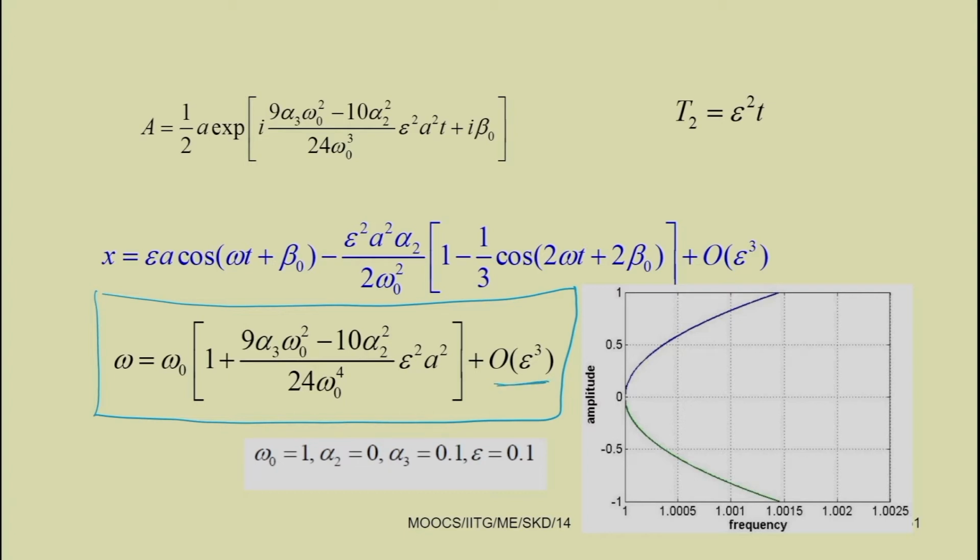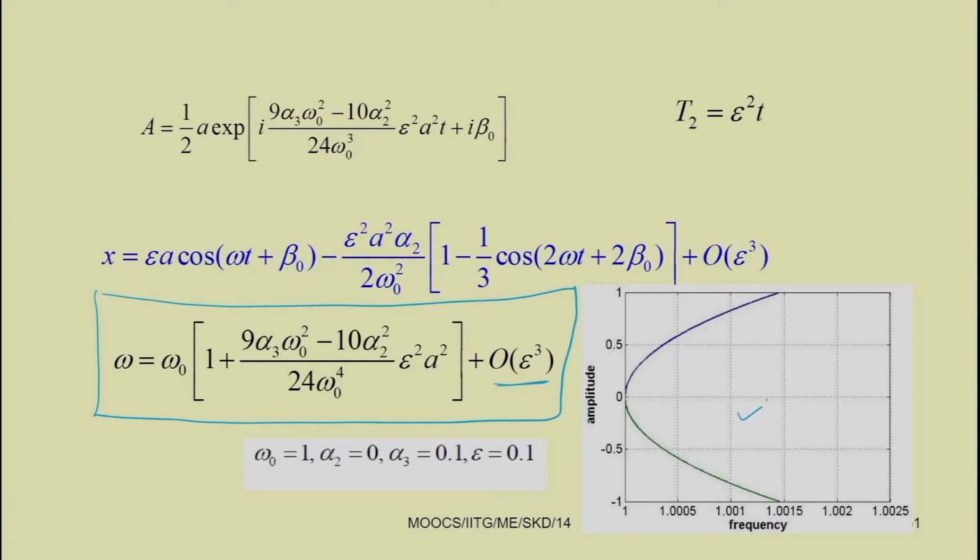By taking some numerical values, for example omega 0 equal to 1, alpha 2 equal to 0, that is there is no quadratic nonlinearity, alpha 3 equal to 0.1 and epsilon equal to 0.1, you can plot the frequency versus amplitude.